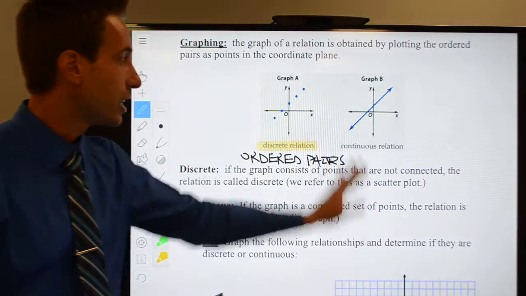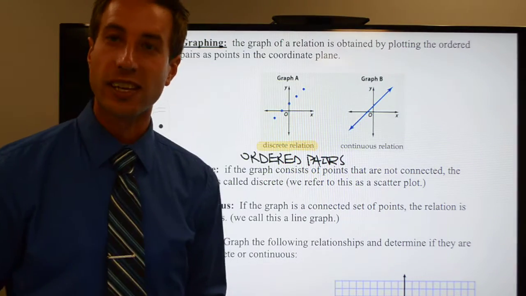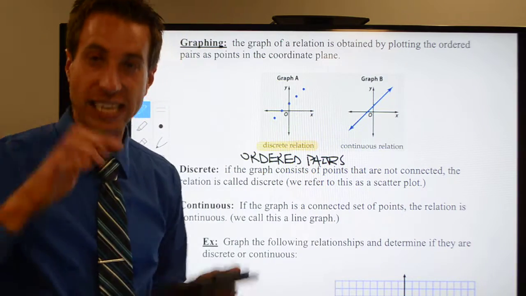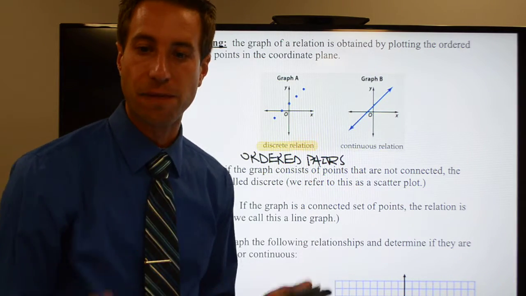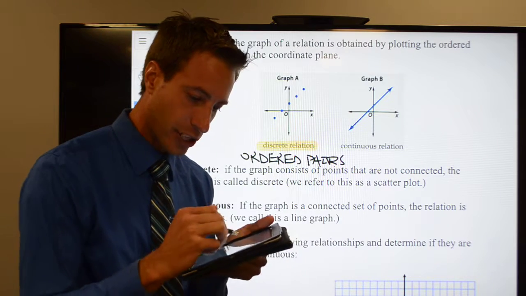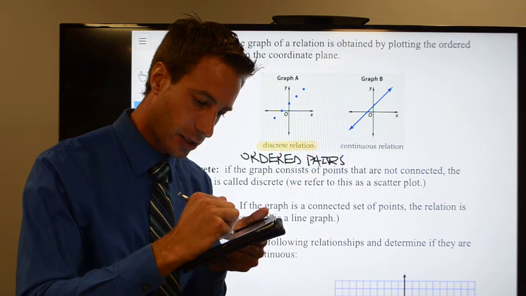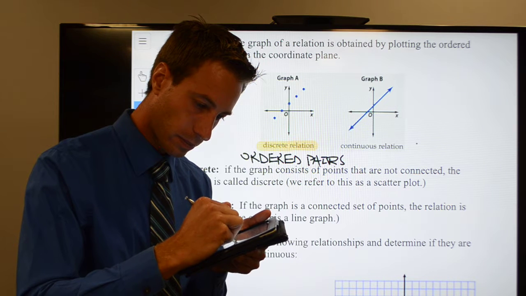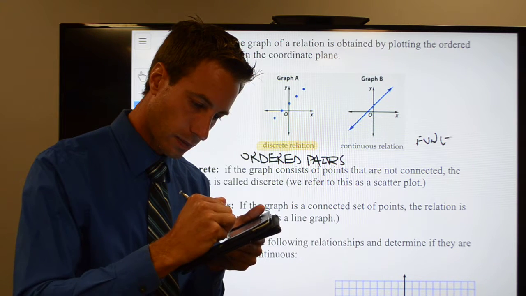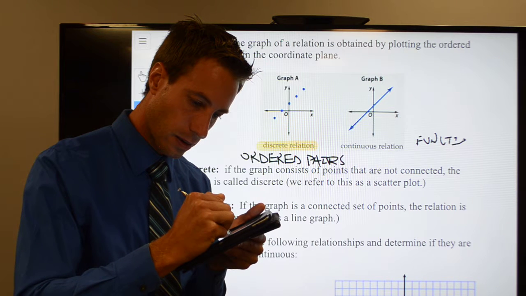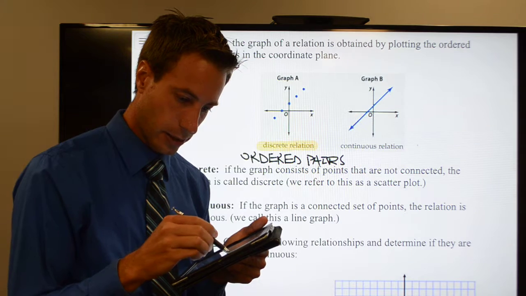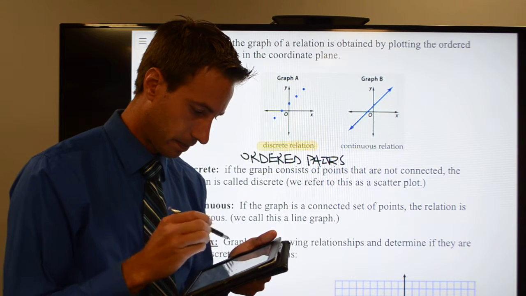All right, this continuous relation, we're not going to call it a continuous relation. Whenever you can draw a line, it is always going to be a function, and that's going to be represented by an equation. So these are going to be functions. Hang on, you can't read that. Let me try again. There we go.